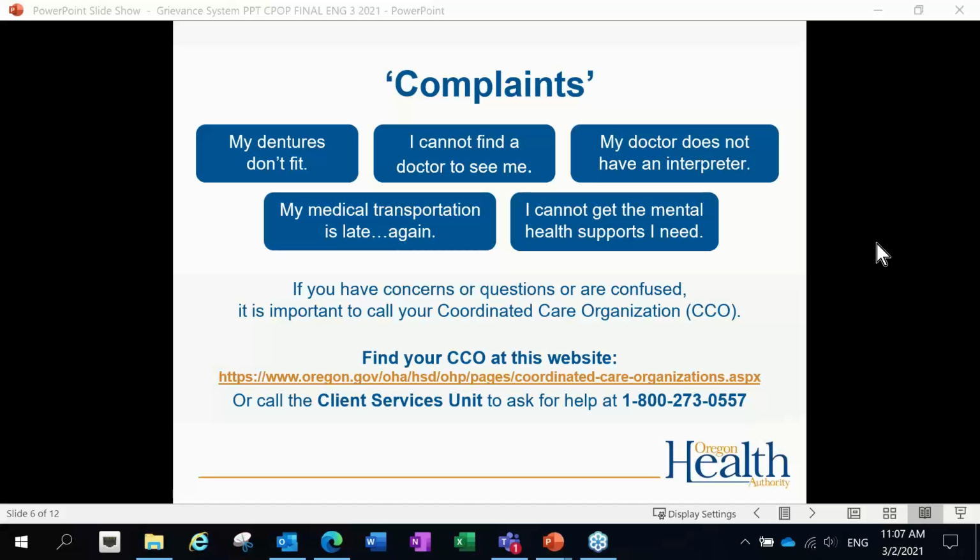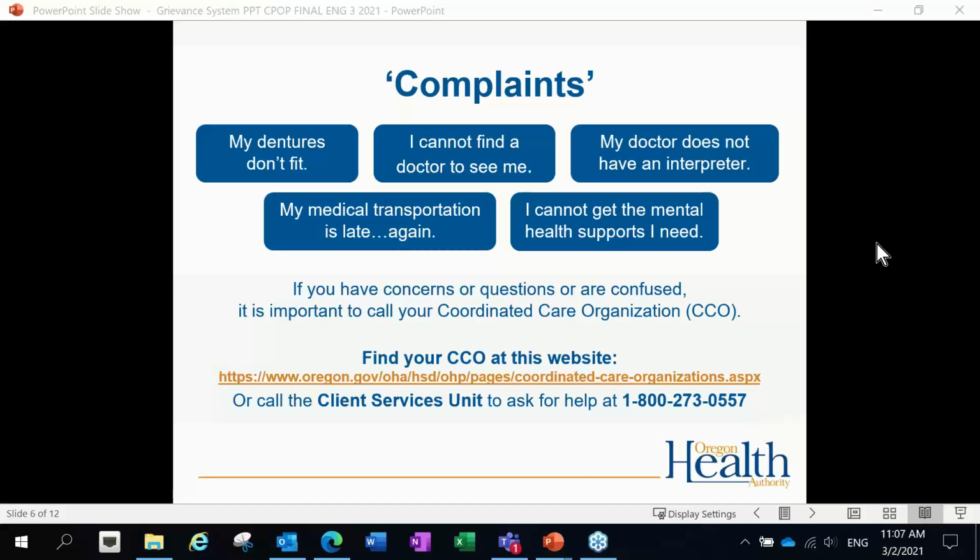If you don't know which CCO you're enrolled with, the link on this page will provide contact information for all the CCOs throughout Oregon. Depending on the county that you live in, will limit you to the options that you have for CCO enrollment.